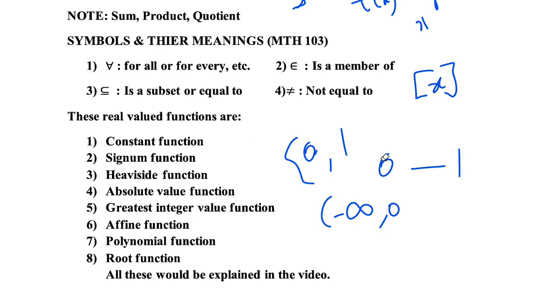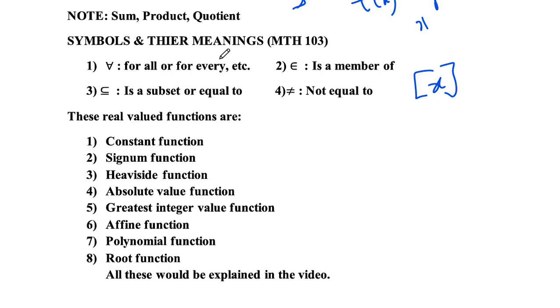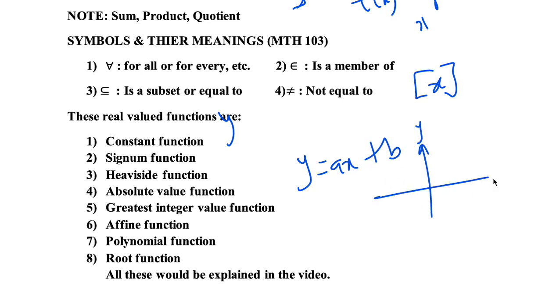Then affine, very simple. An affine function is actually, I won't say linear, but it's in the form y equals ax plus b, where a and b are constants. So if you consider the xy coordinates, here is y, here is x. So we can have different lines.